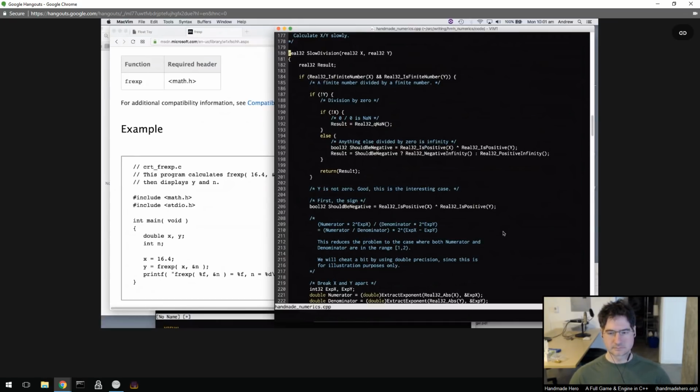I'm not going to go through it in detail. All I'm going to do is show you that it is there and how much of it there is. Then you may want to use the standard library if you're not doing general purpose computing.